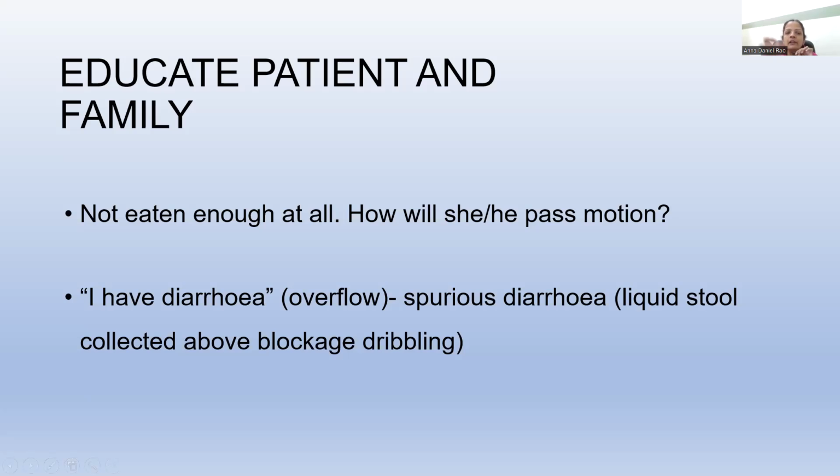When there is a blockage at the lower end of the anus, the liquid stool which has formed above it will pass through the sides of the walls. That is known as spurious diarrhea. In such cases, we need to do a digital examination, and if you find a ballooned rectum, then give a high up enema.